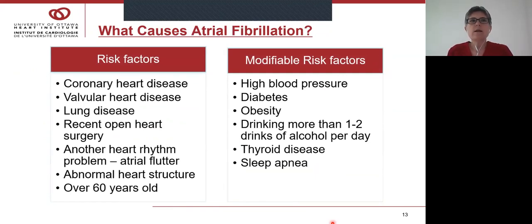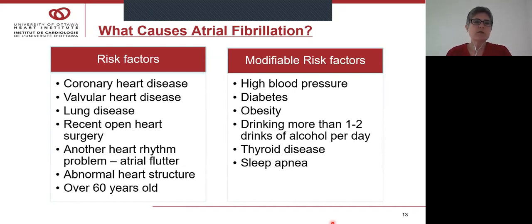But we know that anything that increases the work of the heart, like high blood pressure, being overweight, sleep apnea, these things all increase the workload of the heart, and over time can cause stretching and cause the cells to become more irritable.